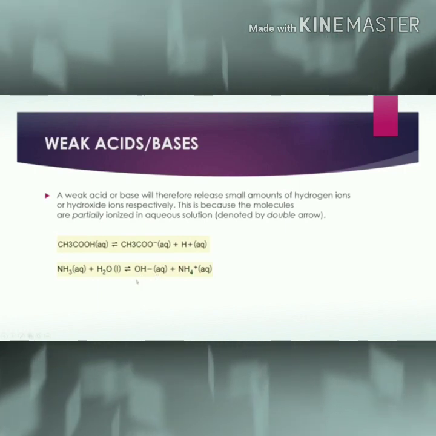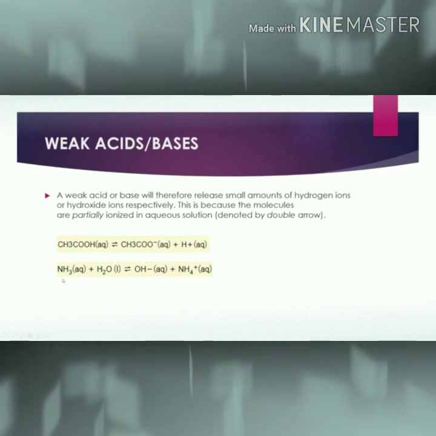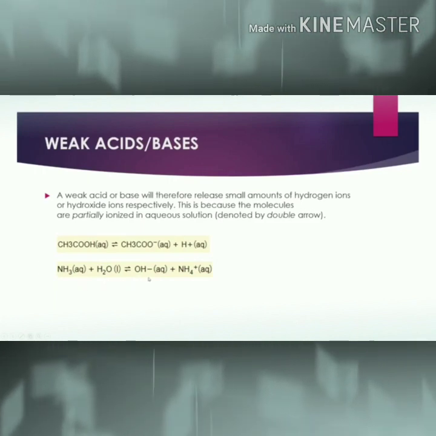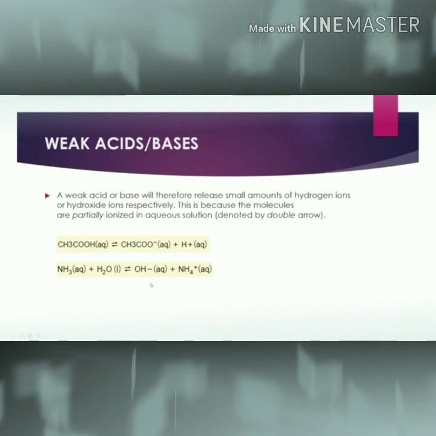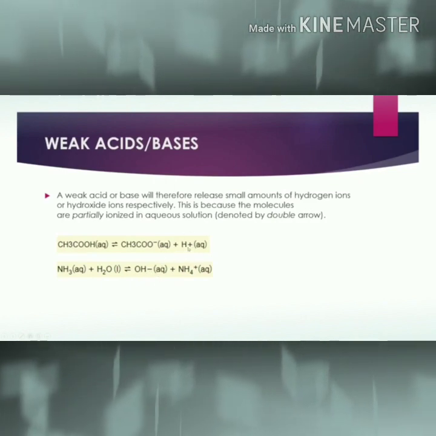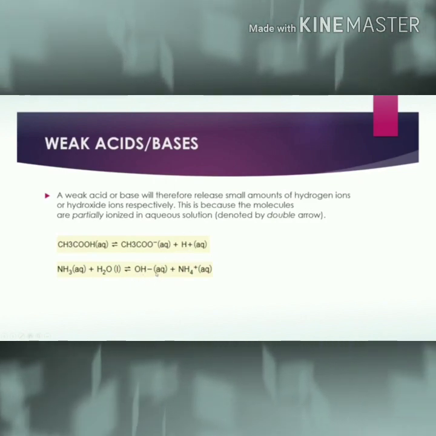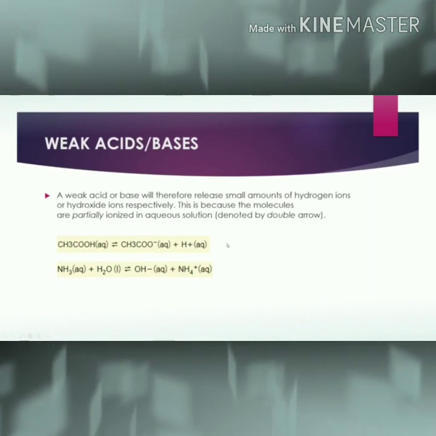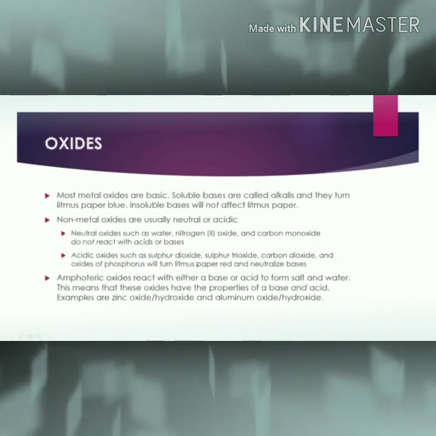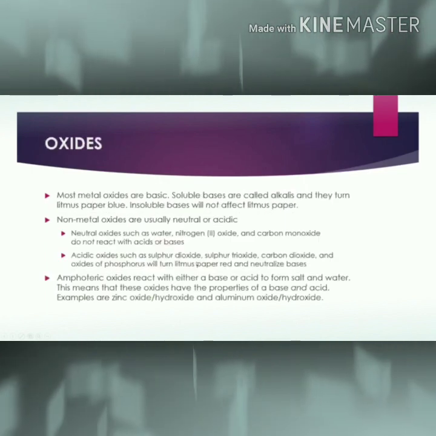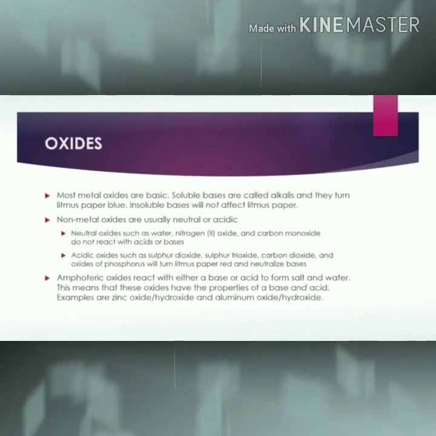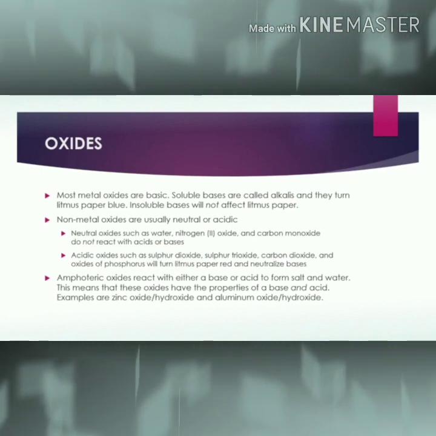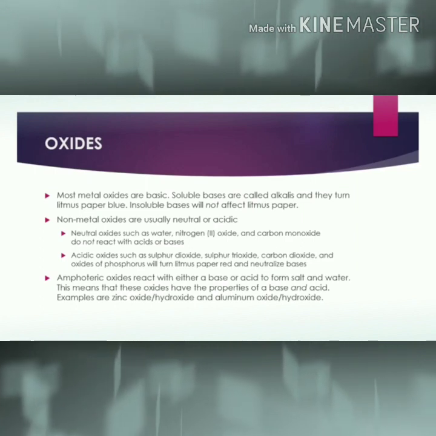Let's say if 100 molecules of ethanoic acid are reacted, then only 2 to 3 will dissociate, I mean they will break down into ions. So here we will find a low concentration of hydrogen ions. Similarly, if you talk about ammonia, when it reacts with water, it gives rise to hydroxide ions and ammonium ions. So here also ammonia will dissociate partially.